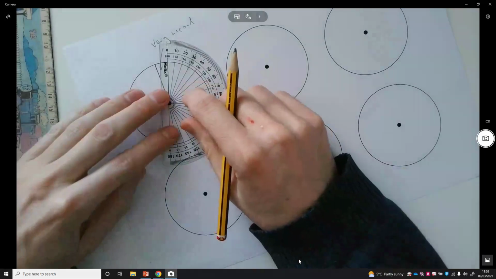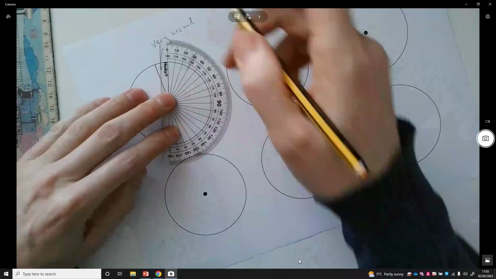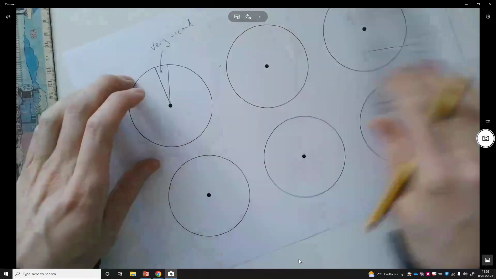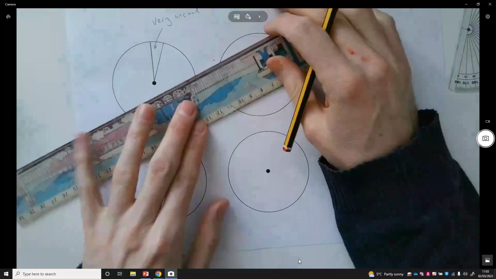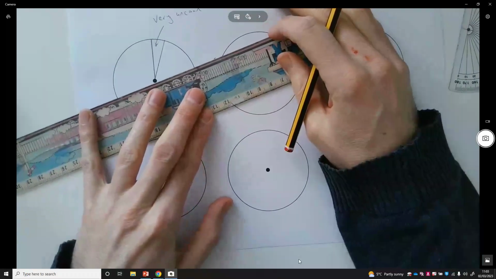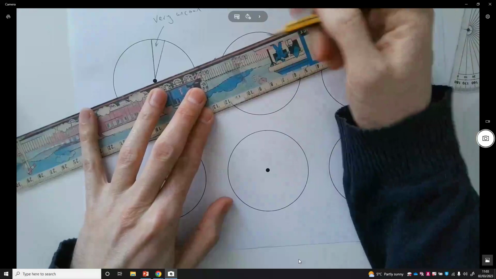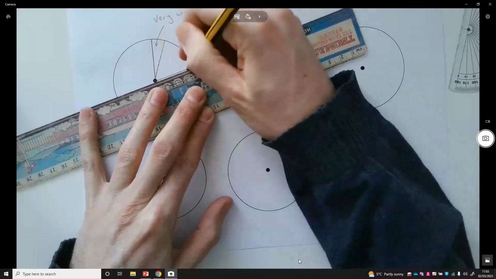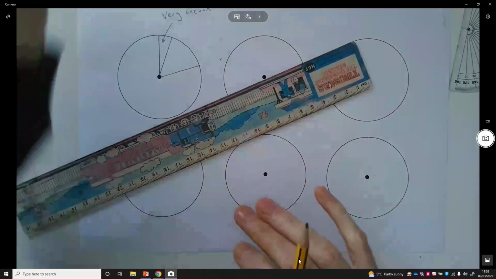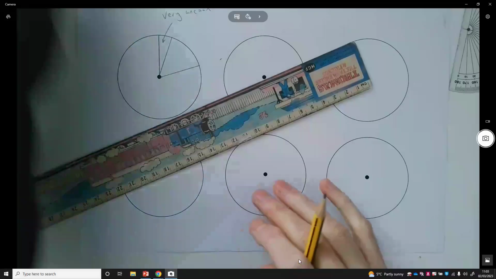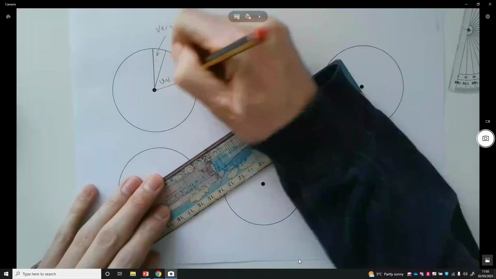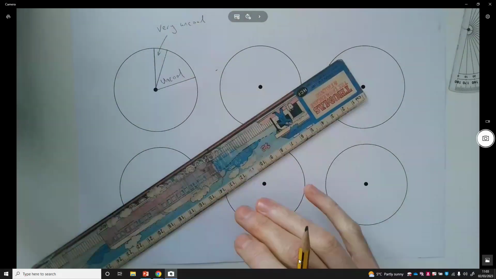Use the outside scale. 54 degrees is here. Again, try and stop at the edge of the pie chart. It doesn't matter too much, but it makes the whole thing look a bit better. Make sure it's the best it can be. Right, there you go. This label should fit in the sector, shouldn't it? Uncool. Yeah, I am uncool. Fair play.